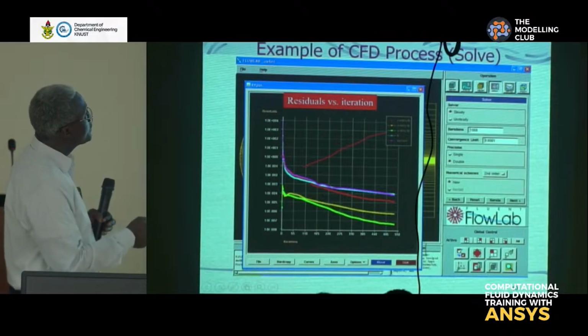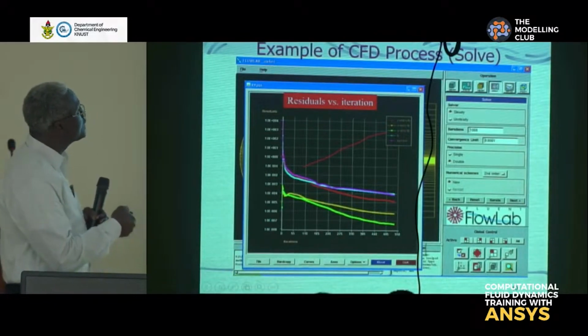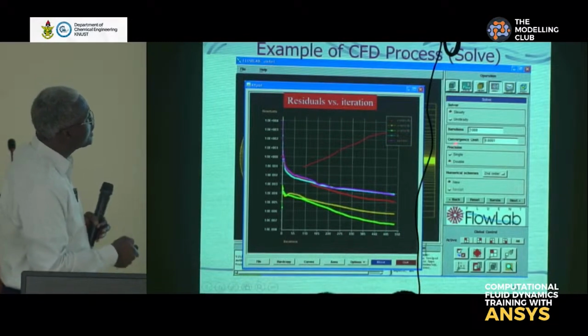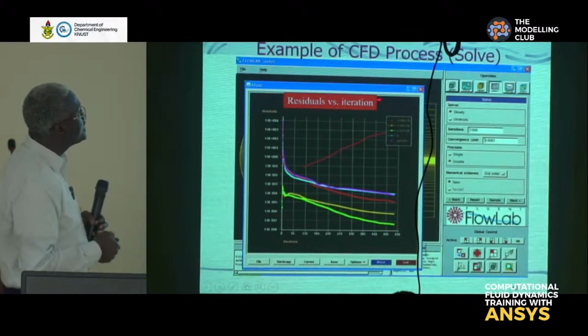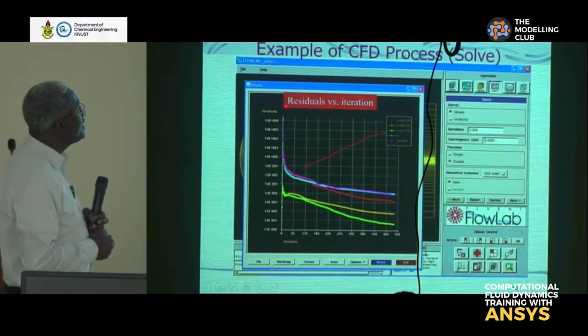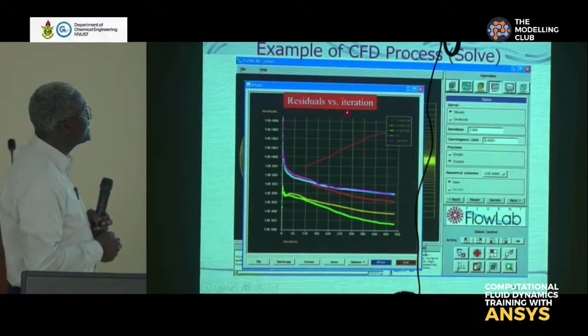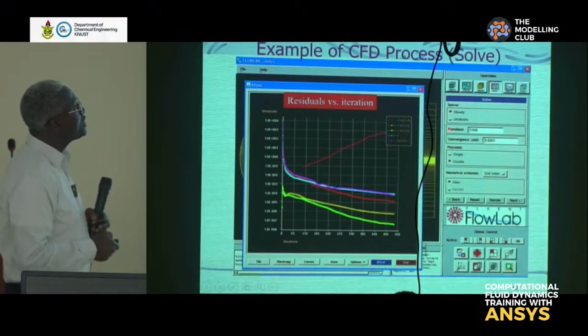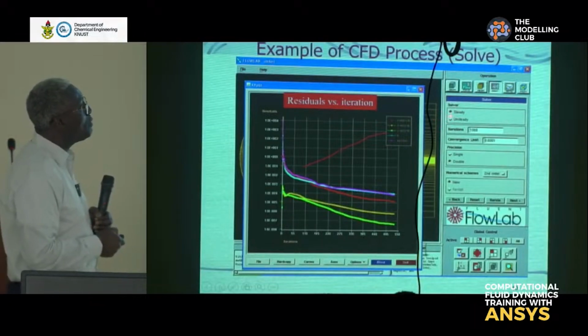In terms of the solving process, this is the solve panel, and in the solution you want to capture the residuals versus the iteration. Again, in the solver, am I solving a steady state problem or an unsteady problem?